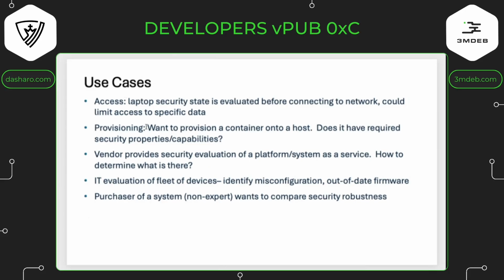Another one was a scenario someone brought up where they wanted to deploy containers onto a host system. But before doing that, they wanted to make sure that the host had some required properties and capabilities. That's another example of a provisioning scenario where you want to provision something onto a system and you want to know what's on it or what its state is.